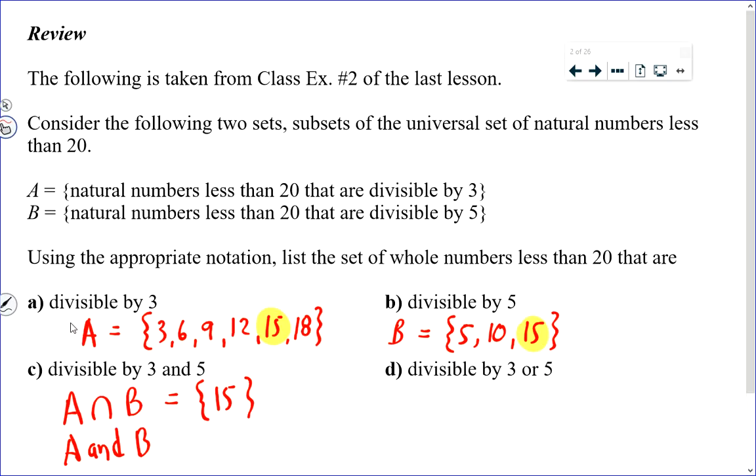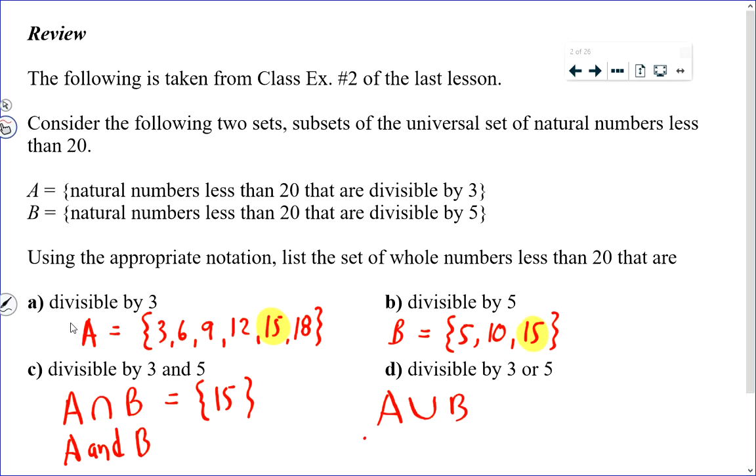It is the union of A and B. It's like a union or a marriage of two people, person A and person B, and they have all of these things that they bring into the marriage. A brings in 3, 6, 9, 12, 15, and 18. B brings in 5, 10, and 15. So what is the union of A and B?